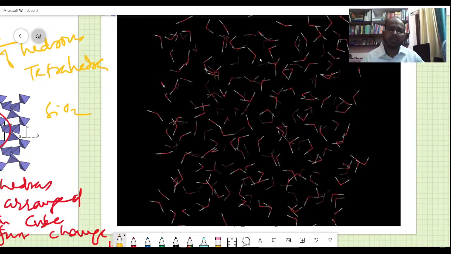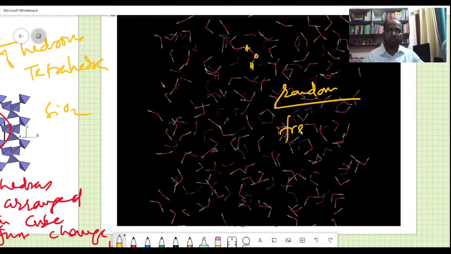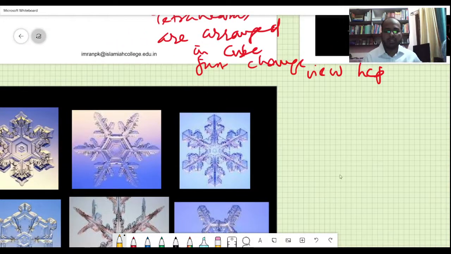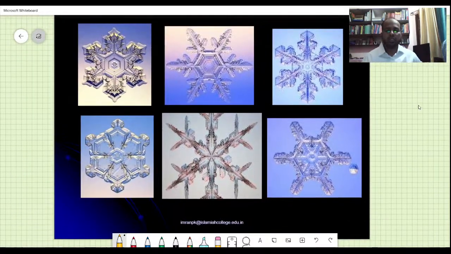And these are the water molecules there, oxygen at the center, hydrogen here and hydrogen here. These are very random. Okay, when they are random at room temperature, you don't have any ordered arrangements. But when you freeze, they take up a definite shape, they take up a definite property. Well, this is what you see when there is a perfect arrangement of the crystals.